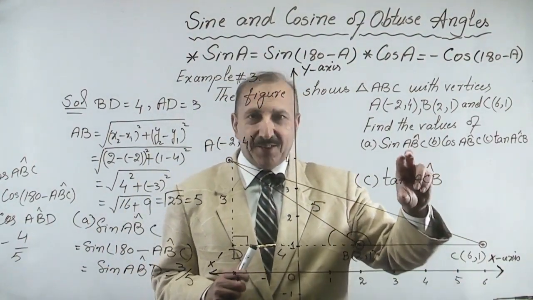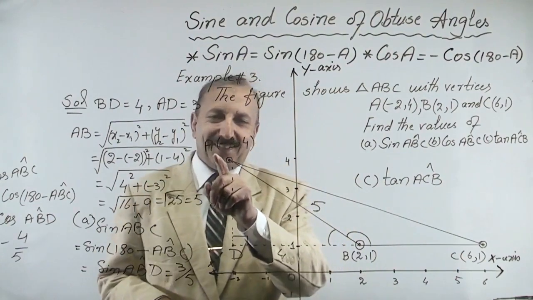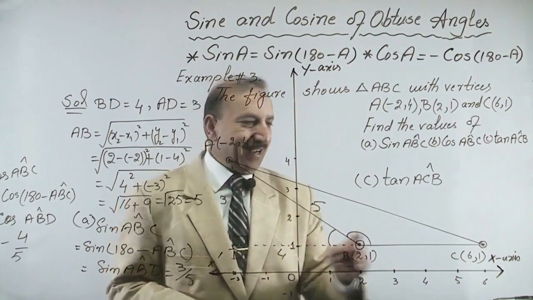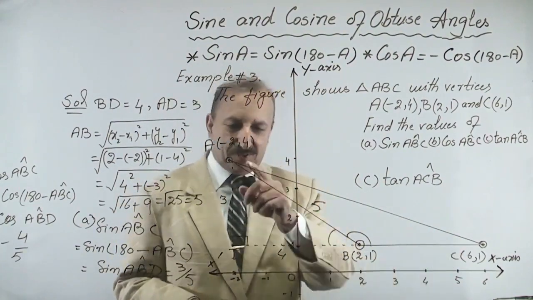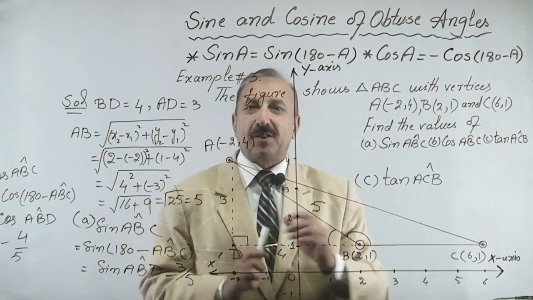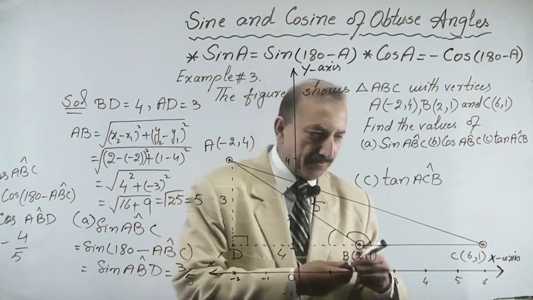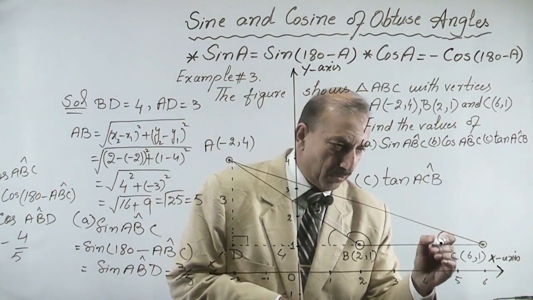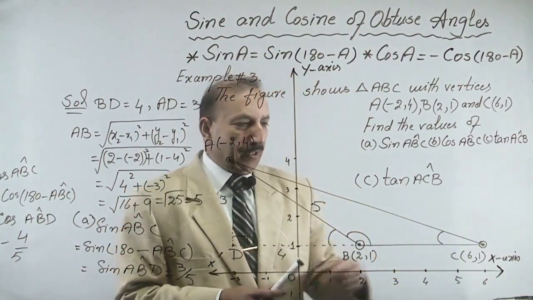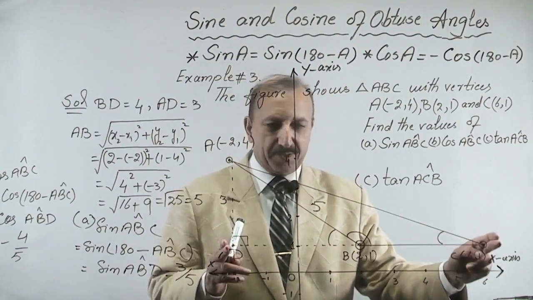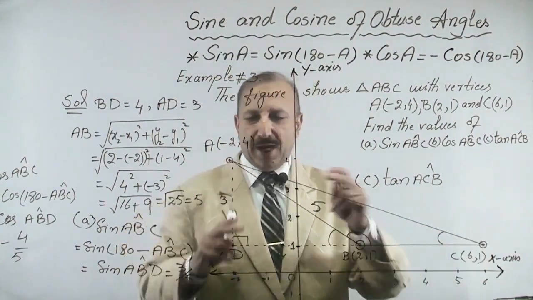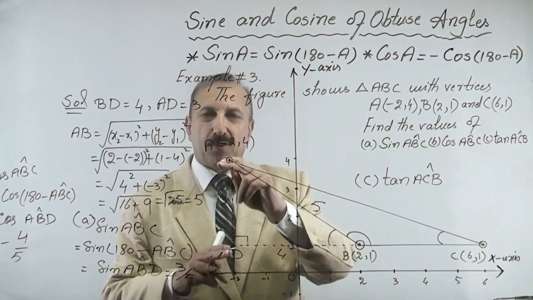So for tangent we are supposed to consider triangle ADC, and in this triangle we will check what sides are given. According to this angle, of which we are going to find the tangent, this side is adjacent, this is hypotenuse, and this is vertical, this is opposite.